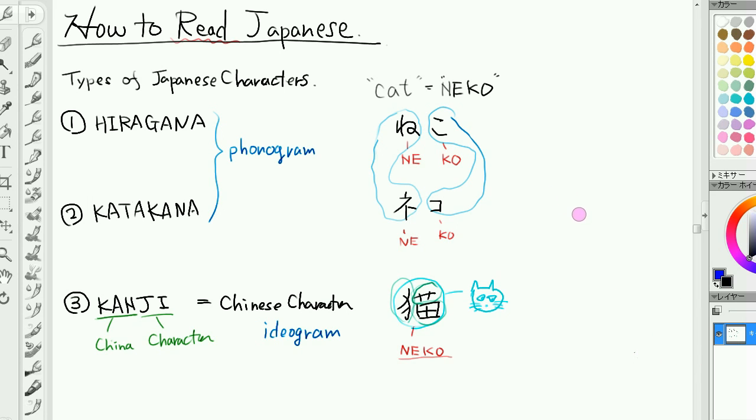How about this one? All right. This kanji means something like love, and this kanji means person. I guess it came from a drawing of a human, two legs here.